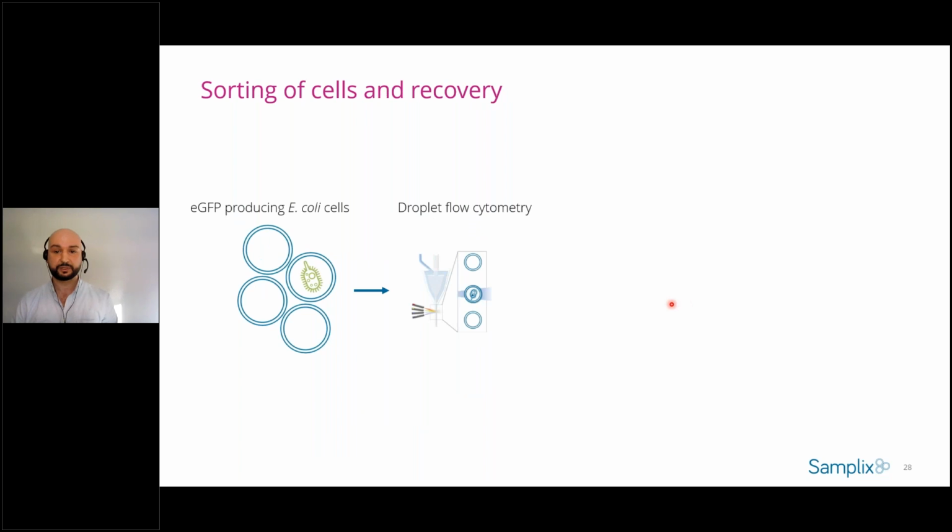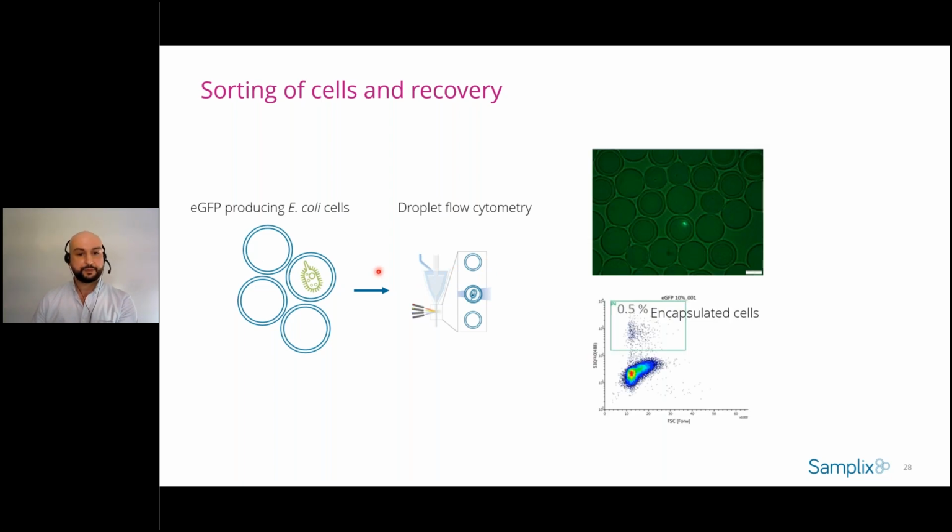So afterwards, building on our methodological design approach, we transition to the next step: sorting of cells and recovery. We now encapsulated EGFP-producing E. coli cells into the droplets and analyzed them. What we could see is that they are quite happy in the droplets. They can be detected in a flow cytometer.